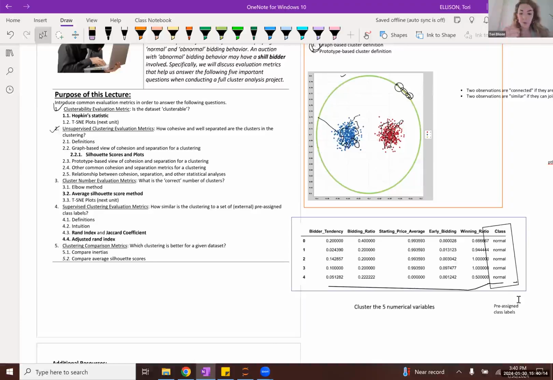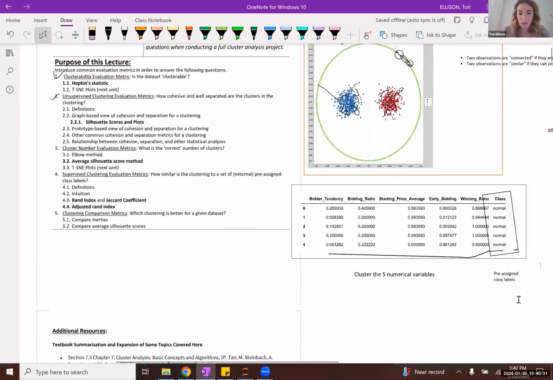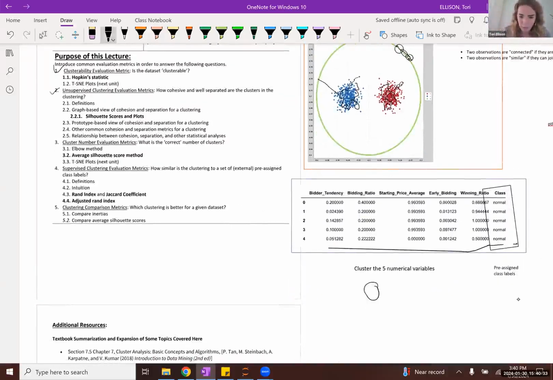One, because we want to remember none of the clustering algorithms that we've talked about so far are designed to incorporate categorical variables. But we're going to incorporate this set of class labels to ask a question at the end of the analysis. In other words, we're going to take this set of numerical variables and cluster it into however many clusters we deem appropriate using k-means.